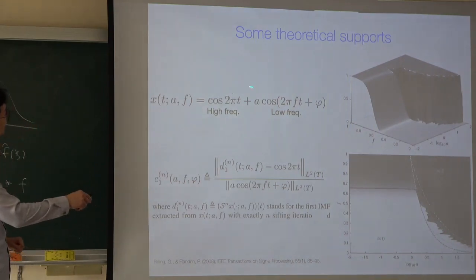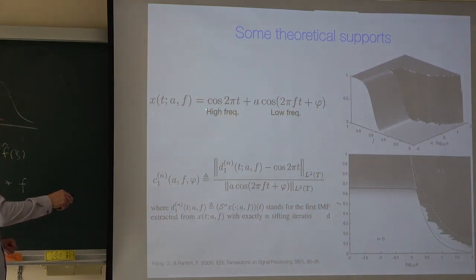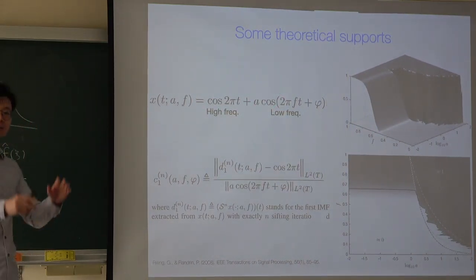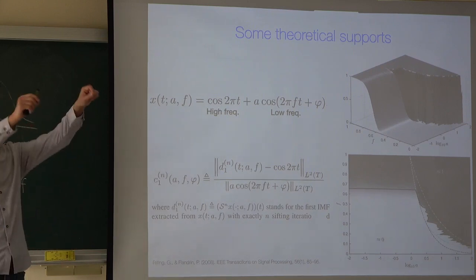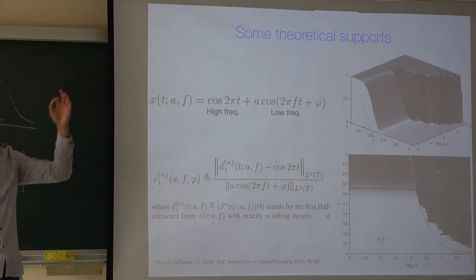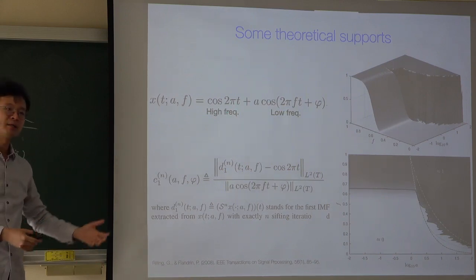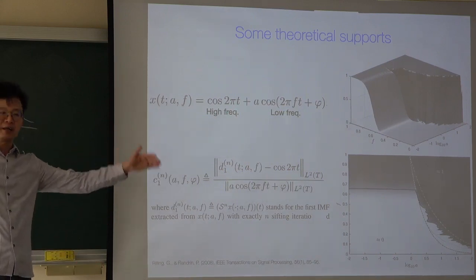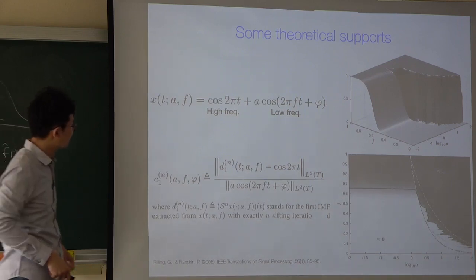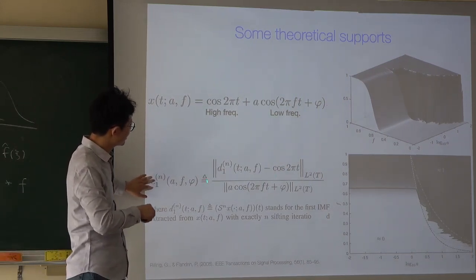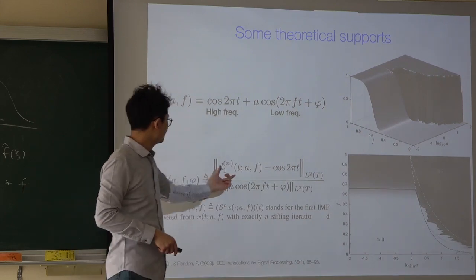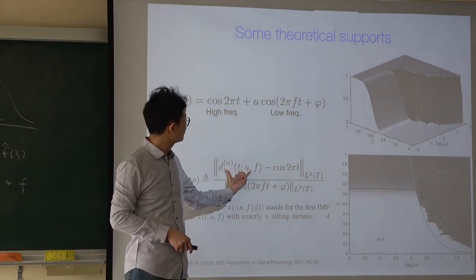So we want to study the relationship between these two signals, in particular in the time domain, because we need to find local maxima. We want to say, under which condition you can find the correct local maxima and local minima, so that you can get the signal decomposed. And the quantification C is this. Ideally the top one should be the high frequency one.